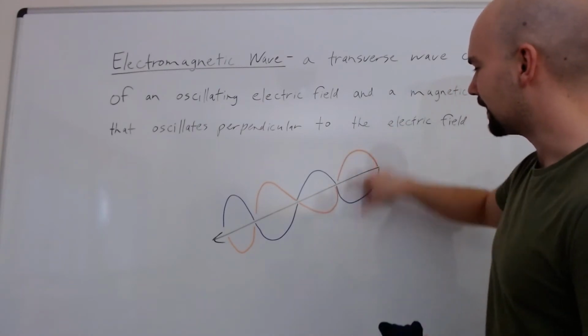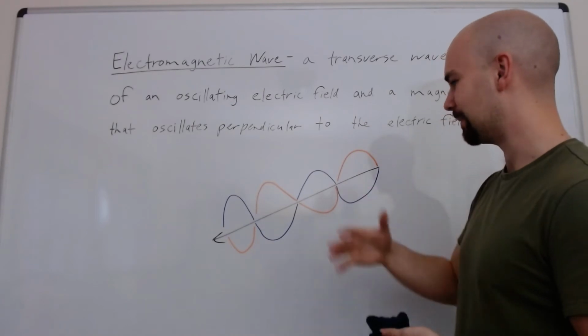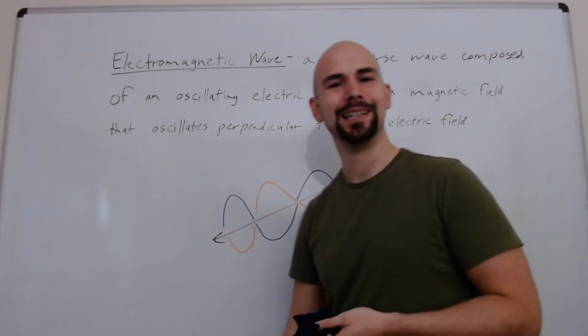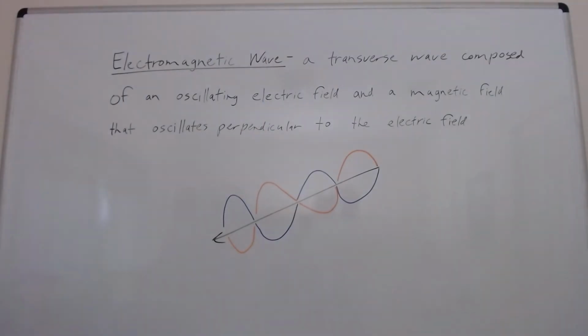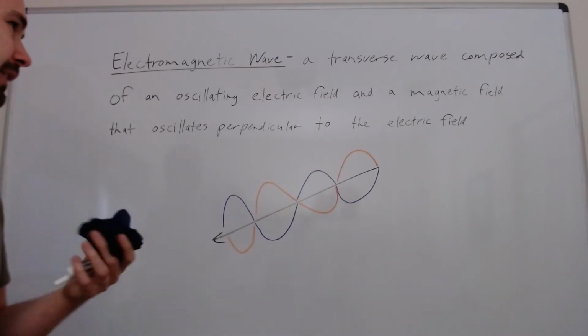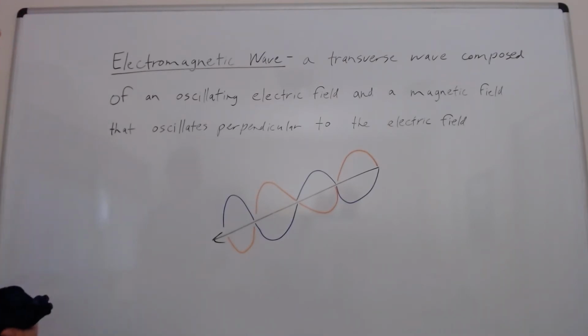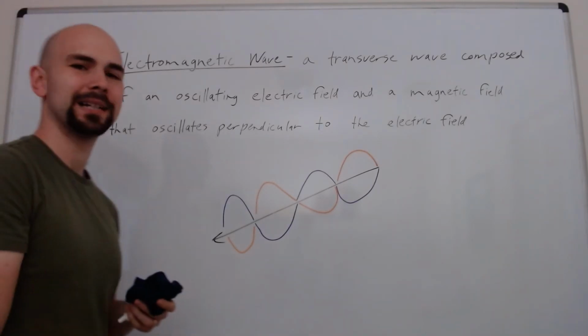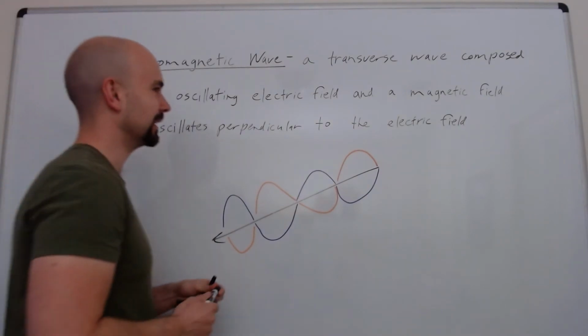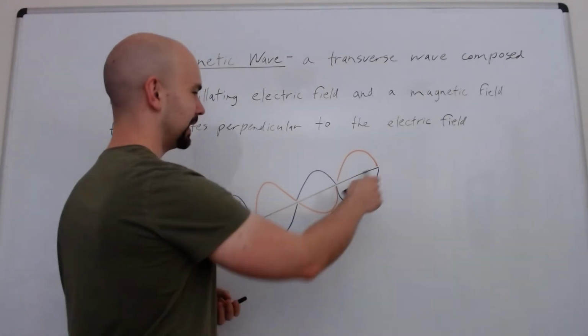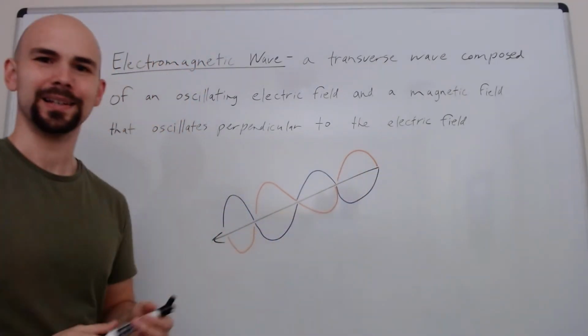So you have an oscillation happening between the electric and magnetic fields as light is propagating in a certain direction. This is just one type of electromagnetic wave, but anytime you have electromagnetic waves, it's going to be this model of a magnetic field and an electric field oscillating.